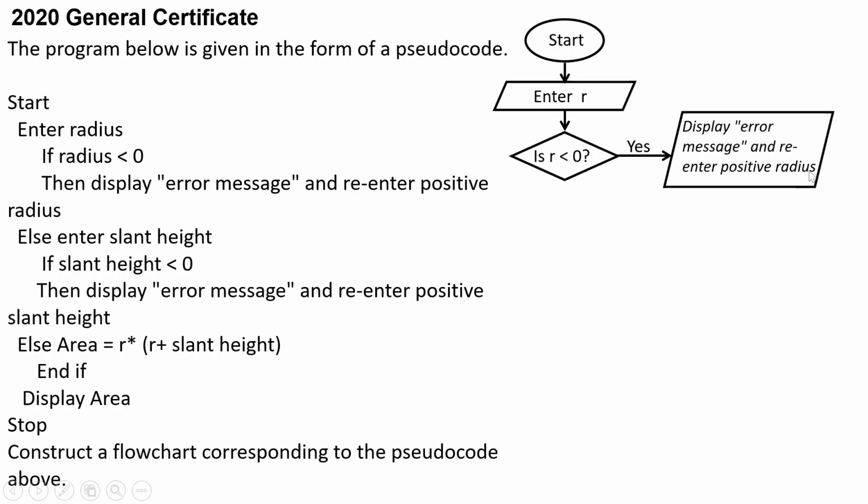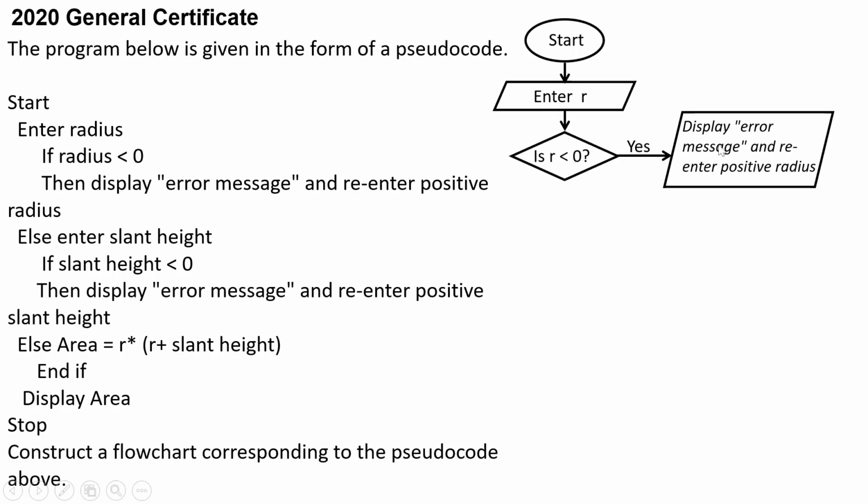Now, after you do that, you have seen that I've said re-enter. So this program is a very good program. That's why I said that those others which go directly to stop are not good. This one wants a person to do the right thing. Where it says re-enter positive radius, meaning after a person has entered a wrong value here, which is negative, then the computer will reject it.